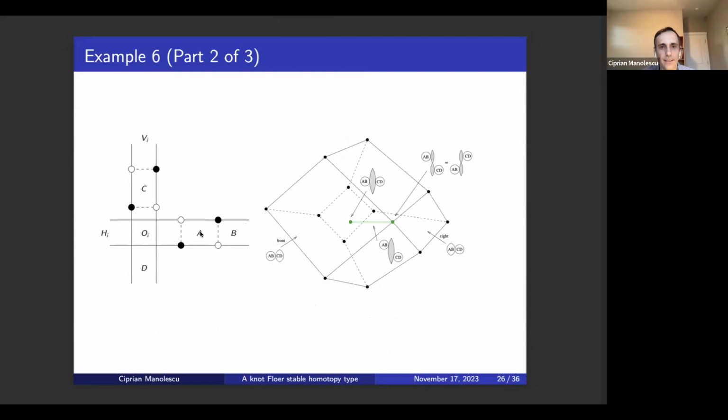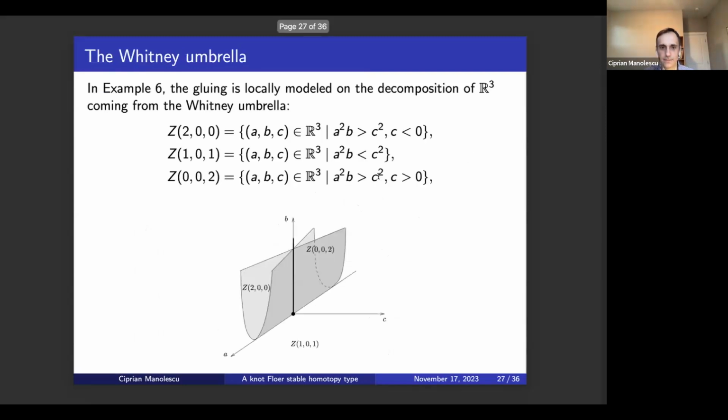Now here, if you have a row plus a column, then again you get this interval. Now you have the bubble on one side and the bubble on the other side. The interval corresponds to where the relative heights of these things are, and here is where they happen at the same height.